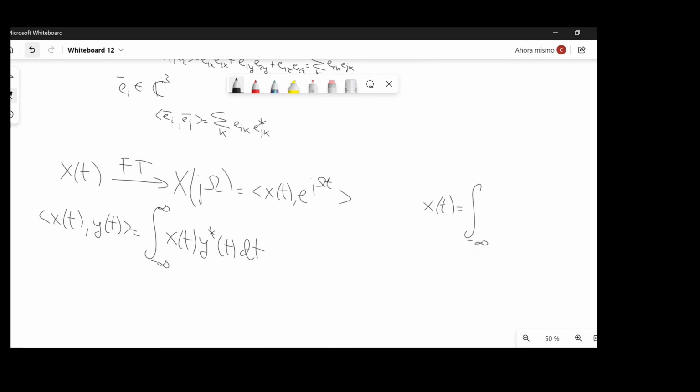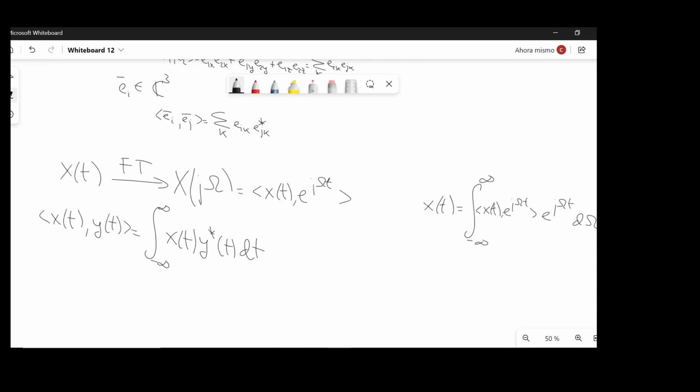Now the frequency basis, we will integrate over omega. So this is summing over your bases. And what do you have to sum? I have to sum my coefficients. My coefficients are these ones, times my bases. I have it. So this is the inverse transform.